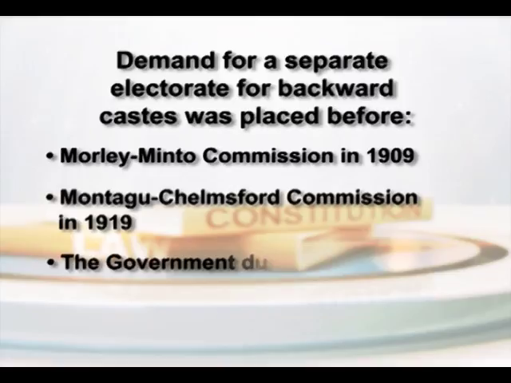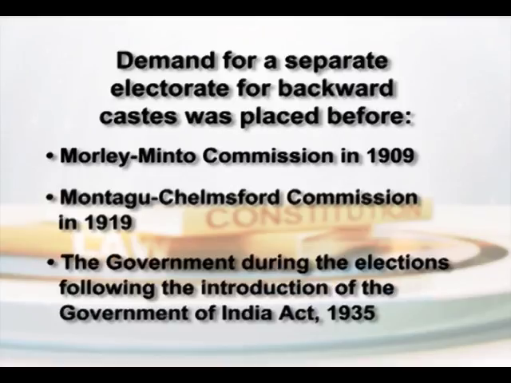Then in 1935, following the Government of India Act, elections were held in 1937, and some parties were formed on the basis of caste affiliation, trying to contest electoral politics through their caste affiliations.